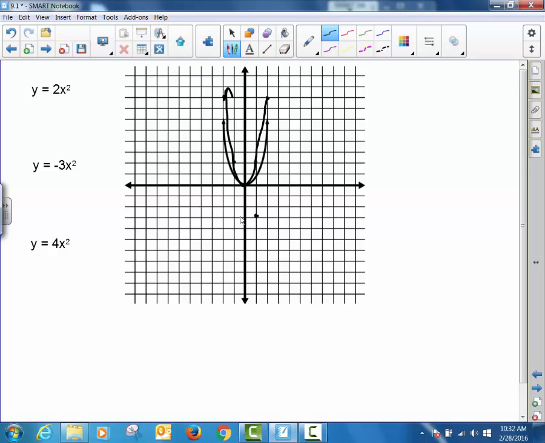The corresponding point on the other side will be right here. If we let x equal 2, then 2 squared is 4, times -3 is -12. Well, -12 is going to be way down here, and the corresponding point will be here on the other side. Now we've got a graph that looks like this.